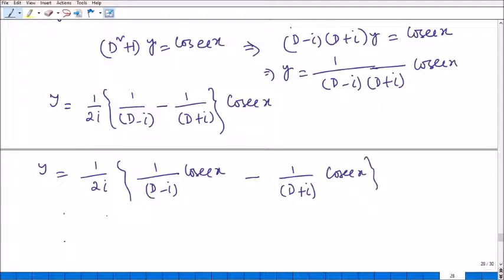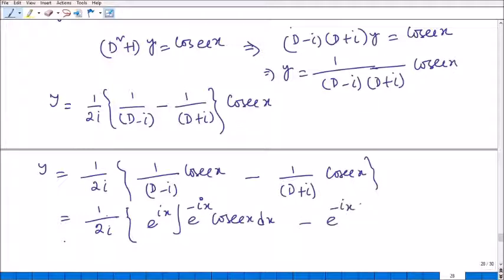So we can write 1 by 2i, this is e to the power ix integration e to the power minus ix cosec x dx, and this is e to the power minus ix integration e to the power ix cosec x dx. So this is the equation we get.